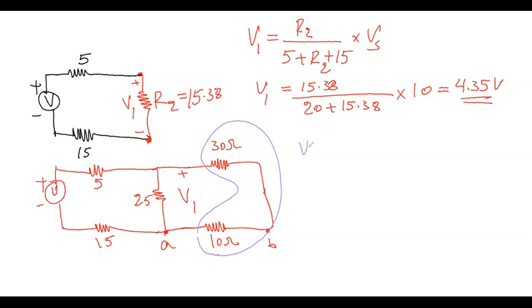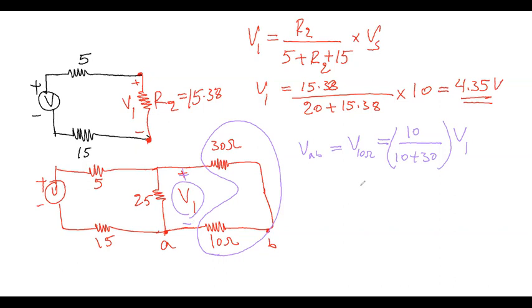So the voltage between A and B is the same as the voltage across the 10 ohm resistor, which is 10 divided by 10 plus 30, times V1. So the total voltage between the 30 and the 10 ohm resistor will be split according to this proportion.